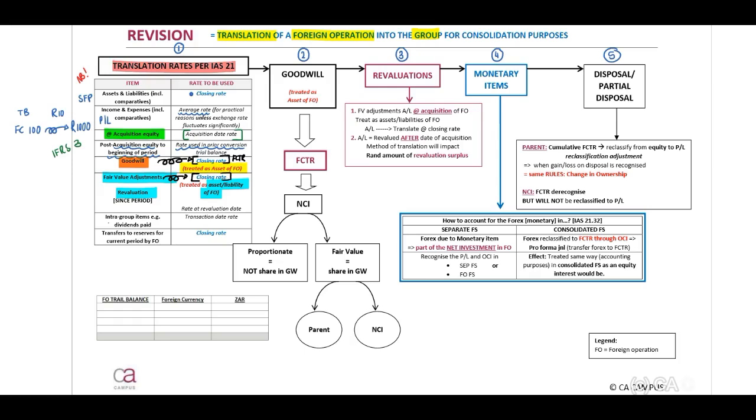Intra-group items such as dividends being paid, you need to use the transaction date rate, and if there is any transfers to reserves for a current period by the foreign operation, you need to apply your closing rate. Now, before we look at our goodwill, why will we recognize an FCTR account?